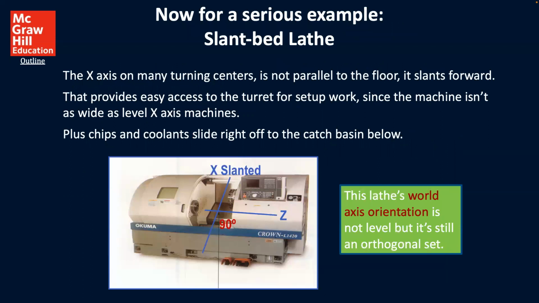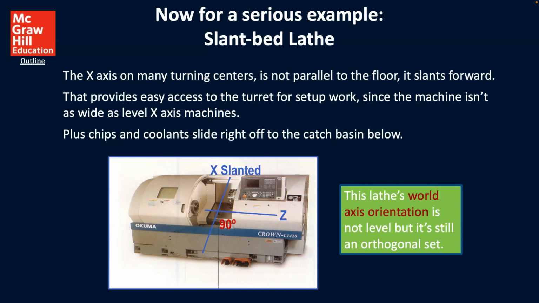Now for a serious example, we can think of a slant bed lathe. We're looking at this machine and it's not flat. The X-axis on many turning centers is not parallel to the floor. It is slanted forward so you can have easier access. This provides easy access to the turret for setup work, since the machine isn't as wide as level-bed machines.